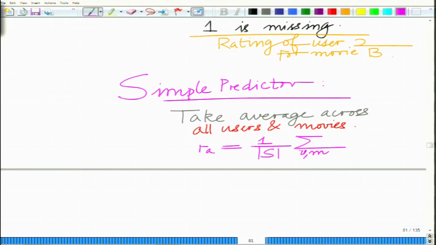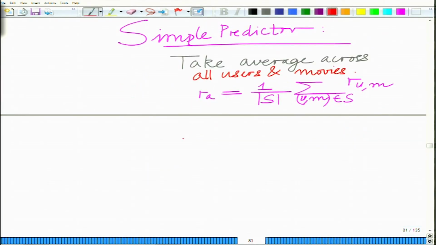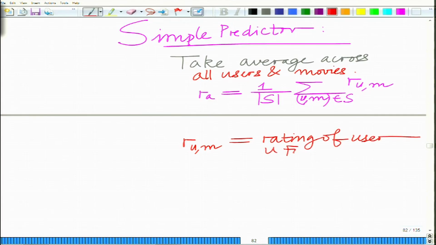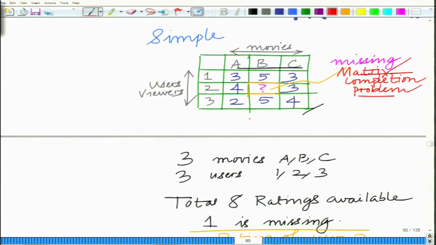So what is this R(U, M)? R(U, M) equals the rating of user U for movie M. Example, R(1, C) equals 3, the rating of user 1 for movie C. Very simple notation.